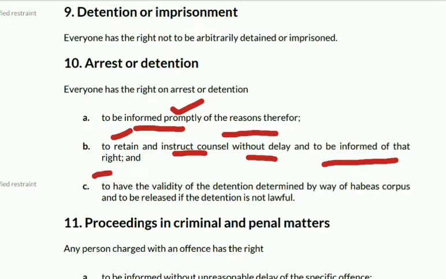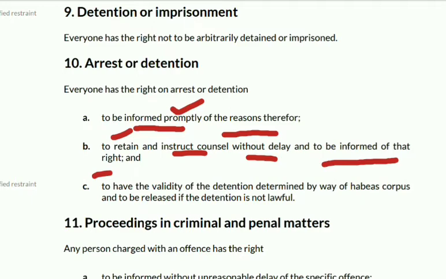Third, to have the validity of the detention determined by way of habeas corpus and to be released if the detention is not lawful. Whether the detention is correct or not is to be determined by way of habeas corpus. It is a writ where the courts have the power to verify whether the person is in a private detention or illegal detention.